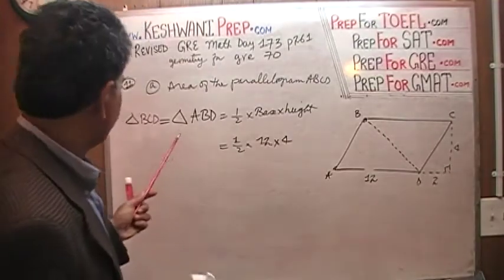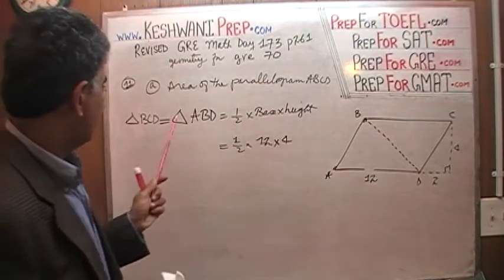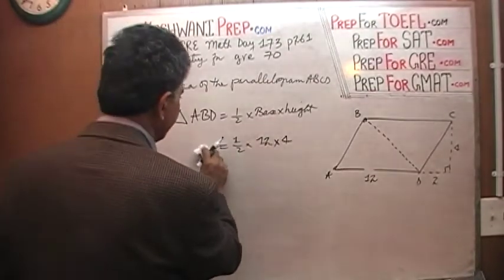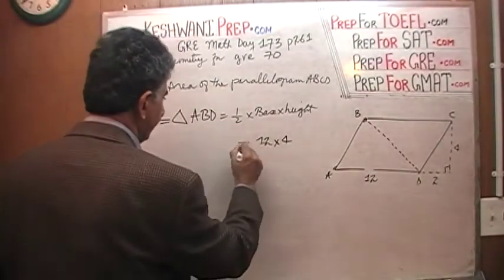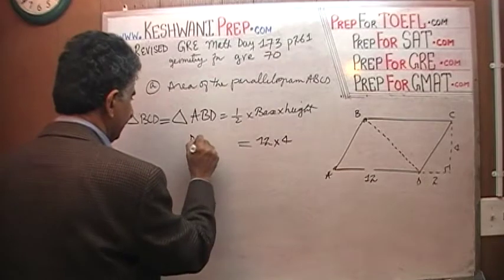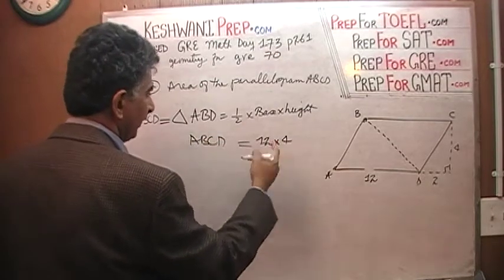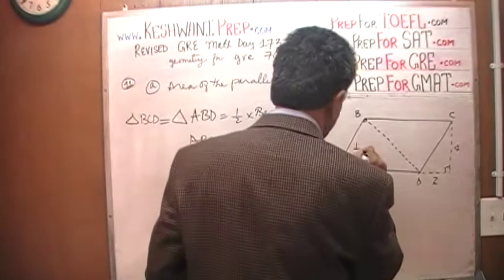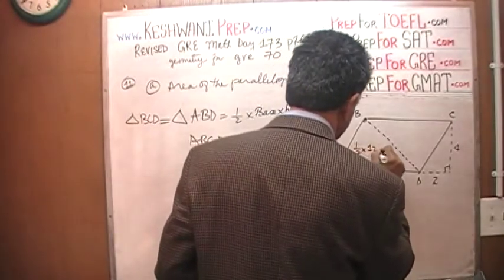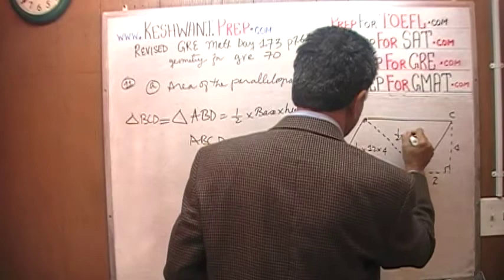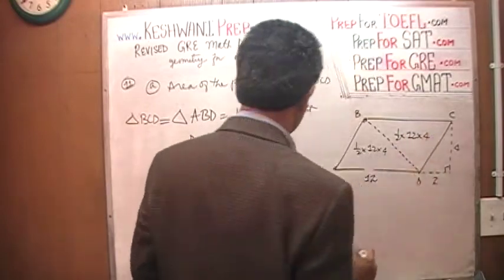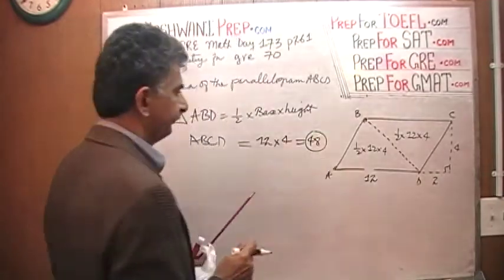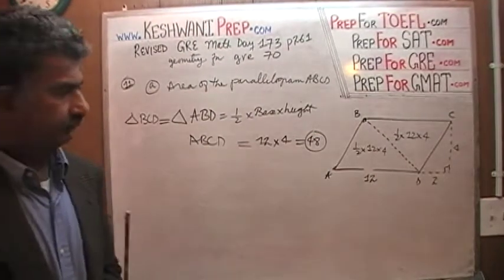So if the area of the ABD is 1/2 base times height, then the area of the whole thing is simply 12 times 4, because this is 1/2 base times height, and this is 1/2 base times height. So it's just 12 times 4, which is 48. That's all there is.